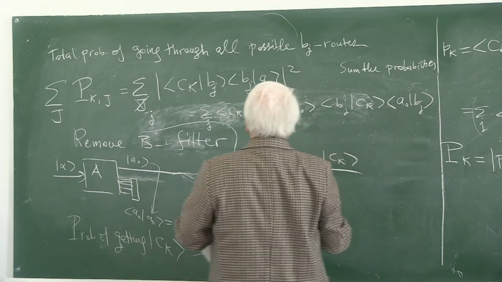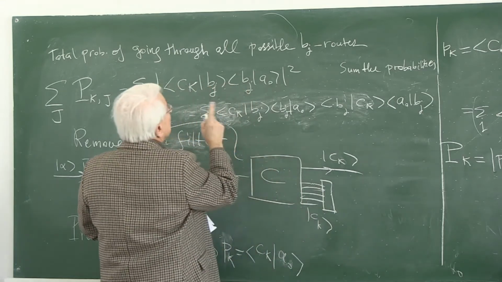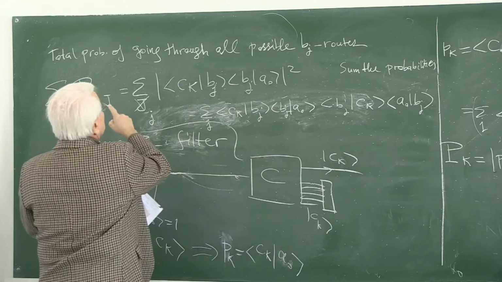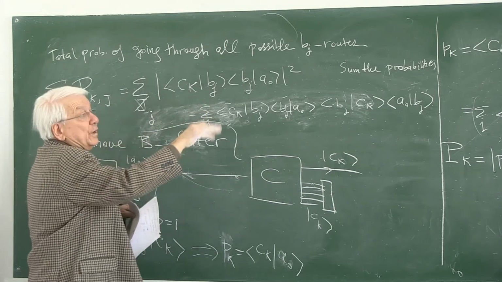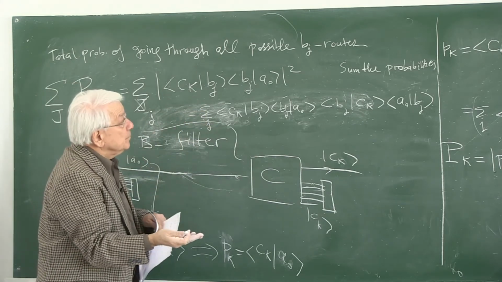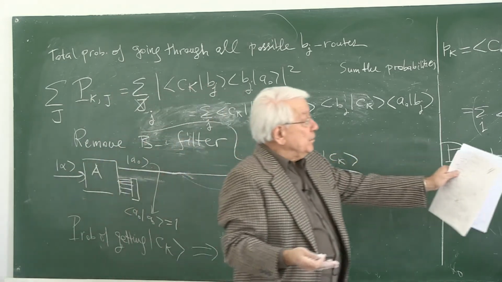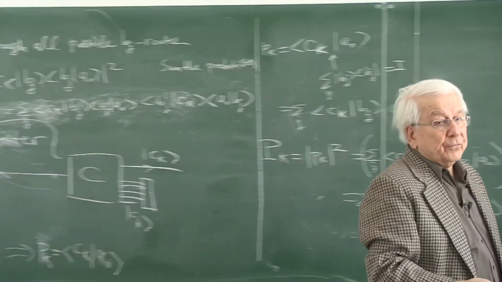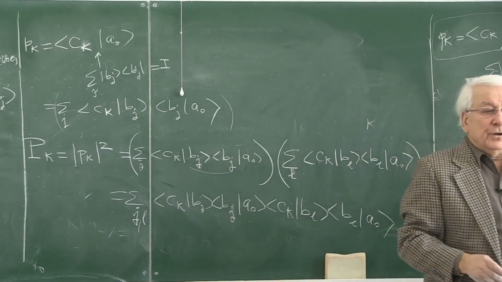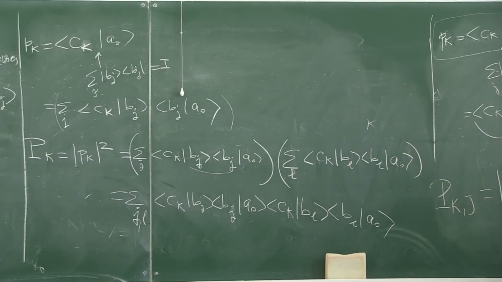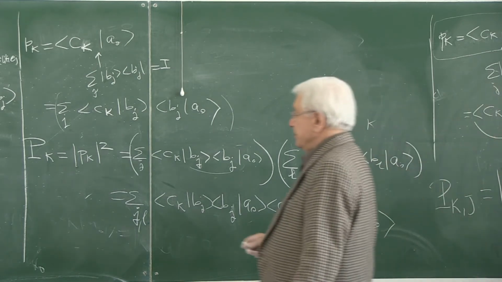You could write it in a slightly different fashion, but notice that this is a single summation because you're summing over the pkj. You take the mod square and sum afterwards. Here, you carry out the sum and take the mod square afterwards. There, you are summing the probabilities. Here, you are summing over the amplitudes and taking the probabilities. Okay, so that's the difference.